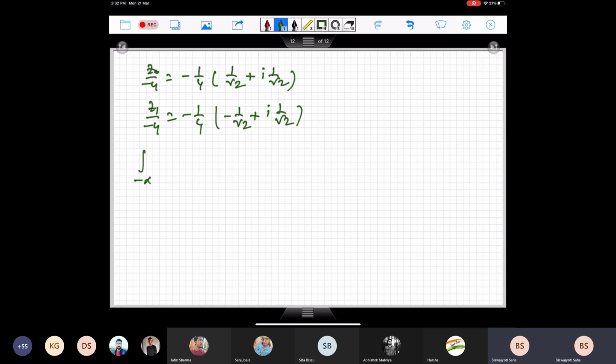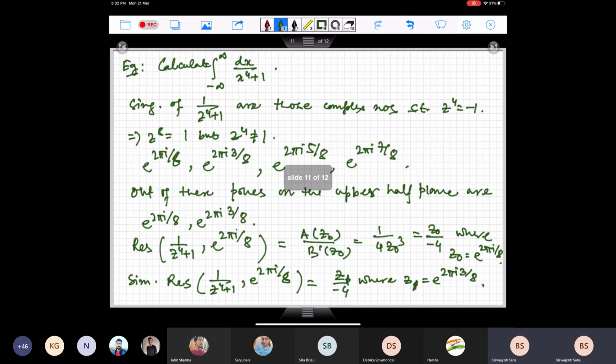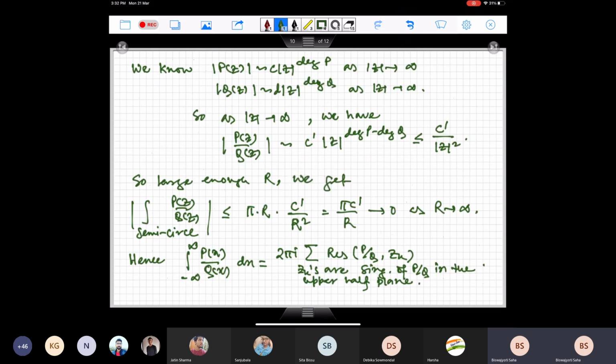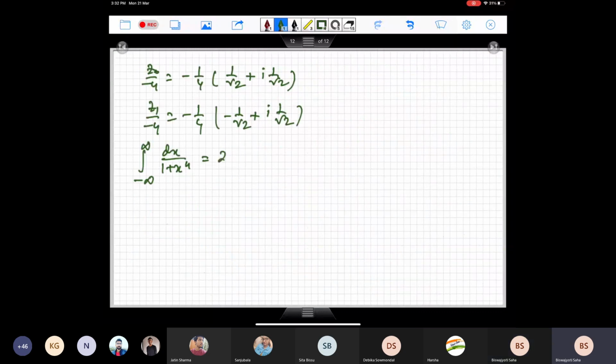The integral from minus infinity to plus infinity of dx upon 1 plus x to the power 4 is what? I need to take 2 pi i times the sum of the residues where the singularities are in the upper half plane. So I have 2 pi i already multiplied, and then I need to sum the residues. If I sum the residues, these two terms are going to cancel.